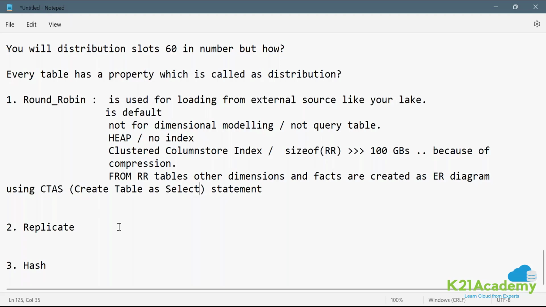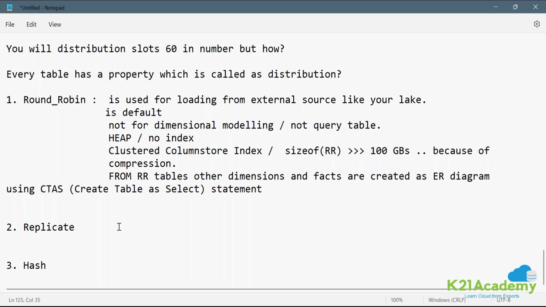So what is round robin? Round robin is used for loading from external sources like your lake. It's default. It's not for dimensional modeling. It's not for query tables. It's for loading. Hence, it's not a query table. Heaps are used. Index is not used.